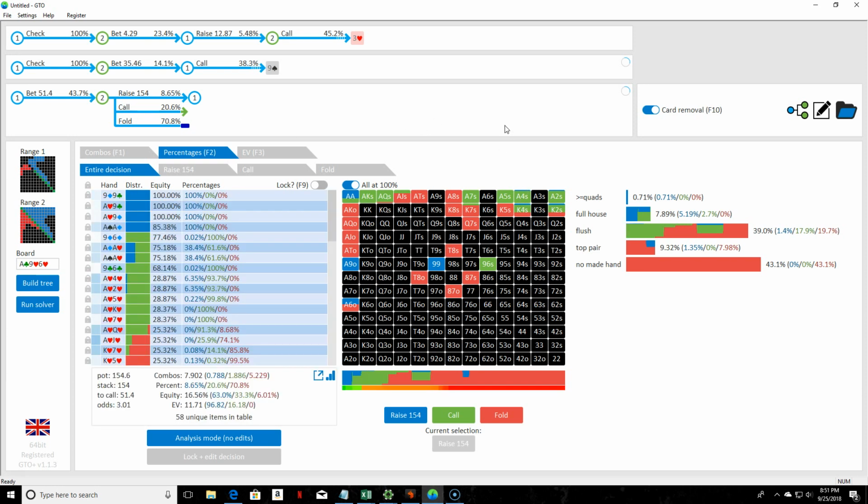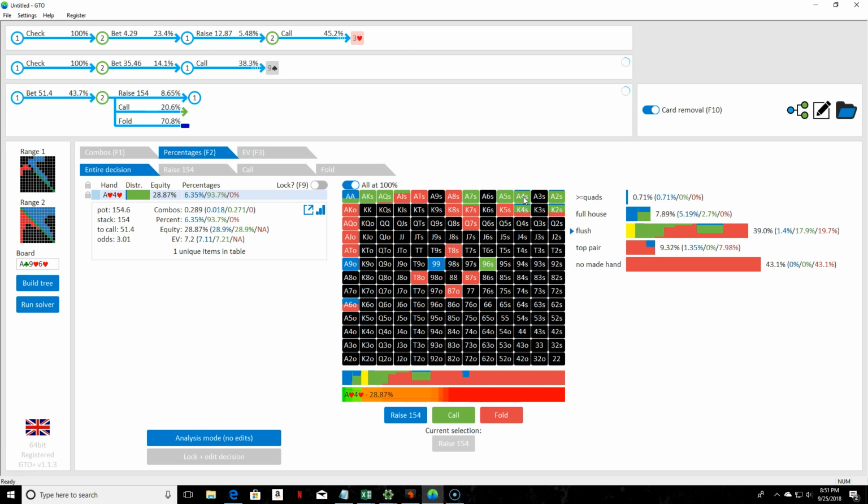But that's okay. Ace-4 suited, by the way. The equity here, interesting, right? I can't lock in ace-4 suited, but the equity you can tell here is 28%. Interesting. But I think it's still plus EV.